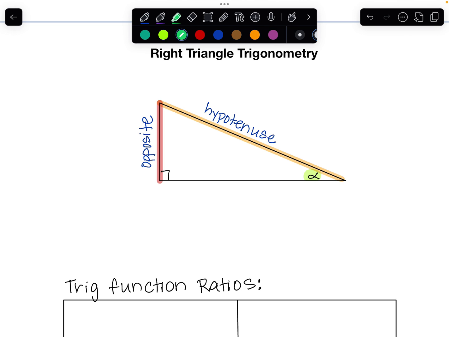And then this side of the triangle here, with respect to alpha, is going to be the adjacent side of the triangle.